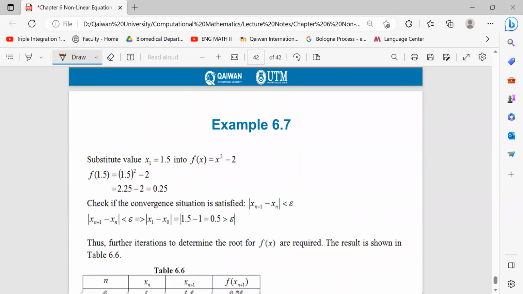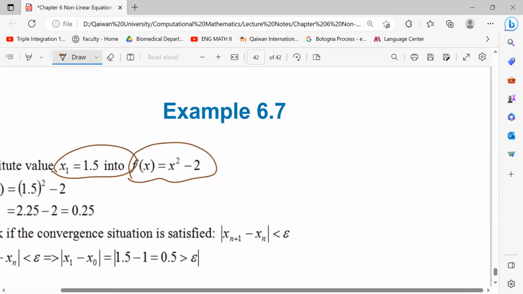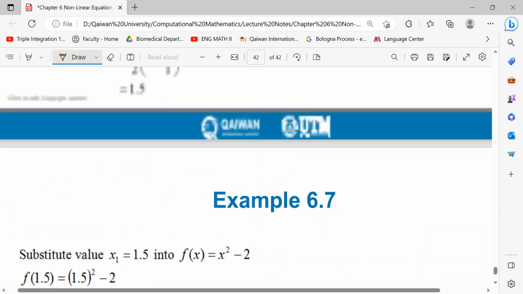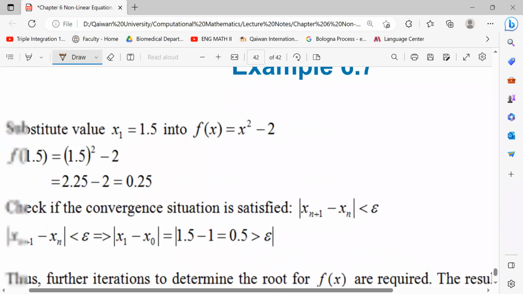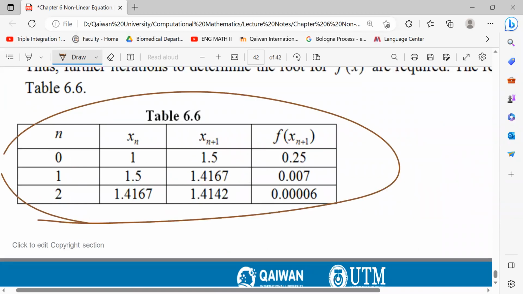Look at this example. Here we have f of x is x squared minus 2, and it says x1 is 1.5. This is the table.